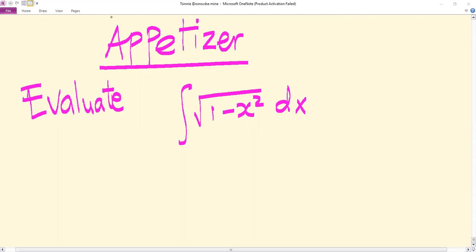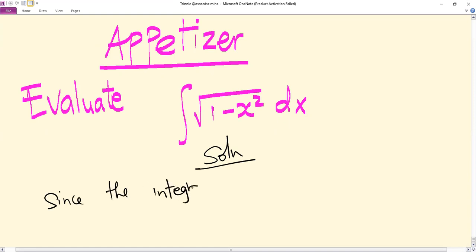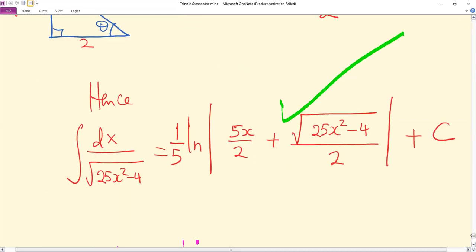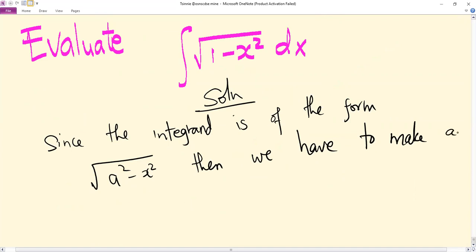So we say, solution: since the integrand is of the form square root of a squared minus x squared, then we have to make a trigonometric substitution of x equals a sine theta.